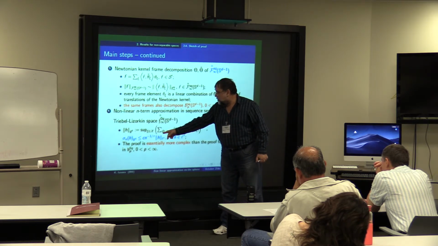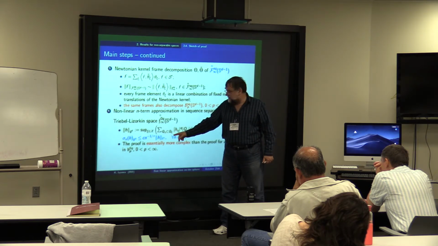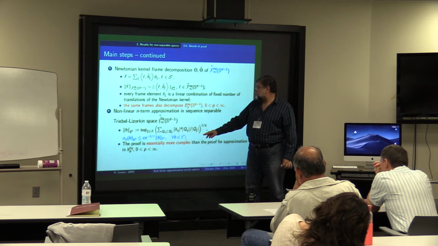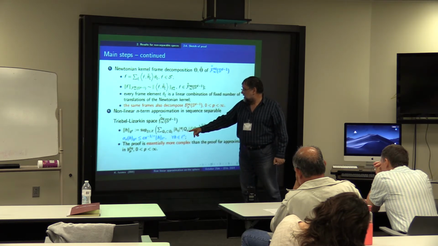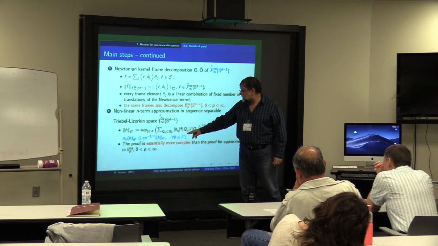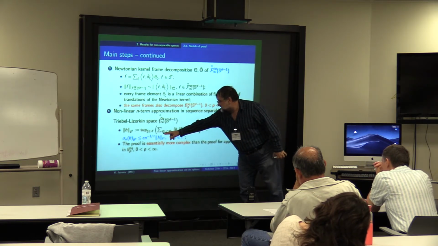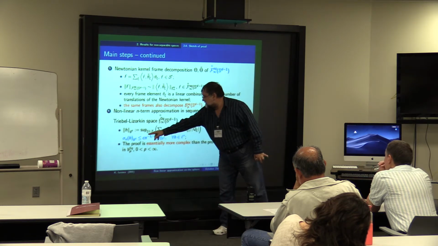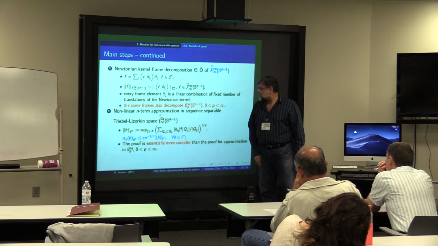You take all open sets which are inside this open set of this point. Take the HQ norm, but you have the additional factor, which is the area of the smaller set inside divided by the area of the original point C also.